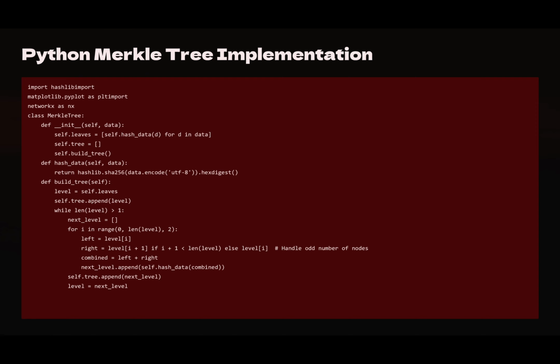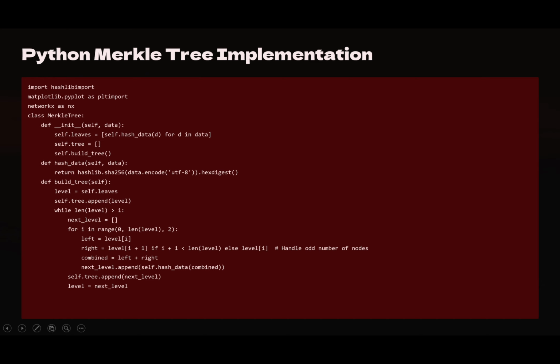First, initialization: the leaves of the Merkle tree are created by hashing the input data, right? A build tree method constructs the tree from the leaves to the root. The second part is the hashing function. Each piece of data is hashed using SHA-256 to ensure security and data integrity.